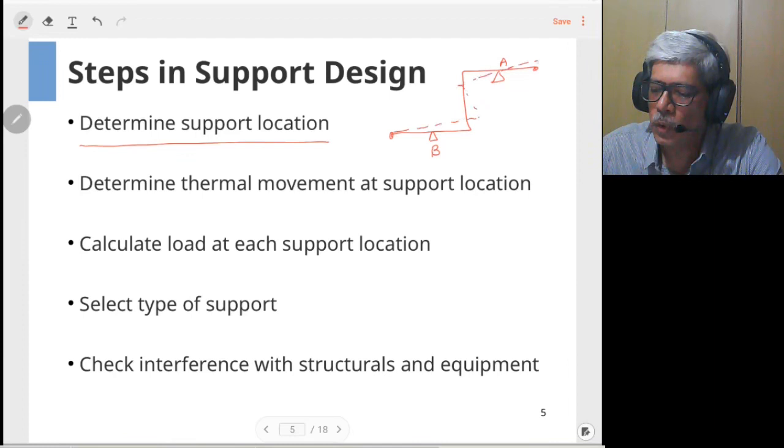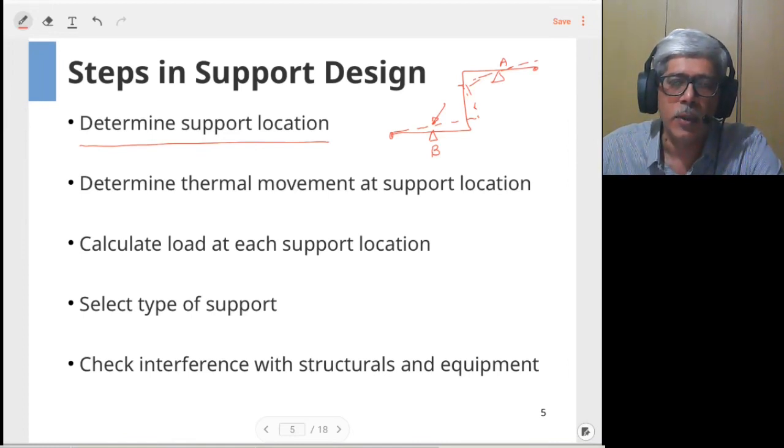So you need to know what will be the thermal movement. At every support location, what is the displacement of the piping that is expected because of the thermal expansion or because of some other reason, because of the vessel movement.